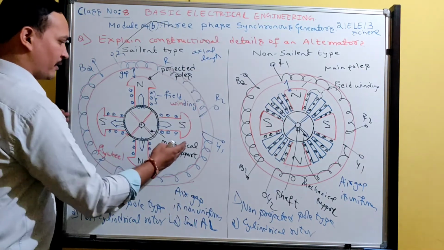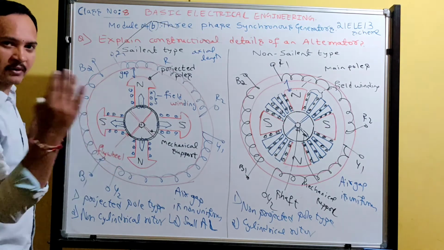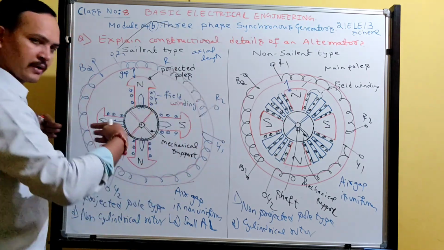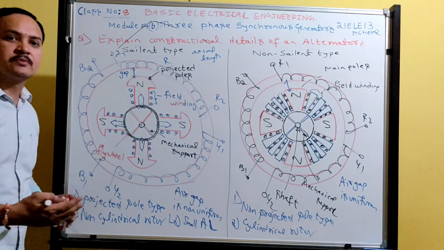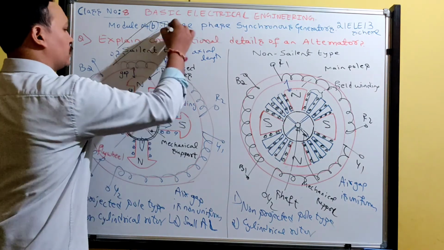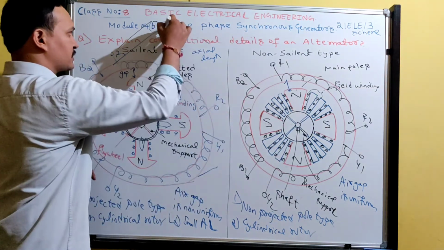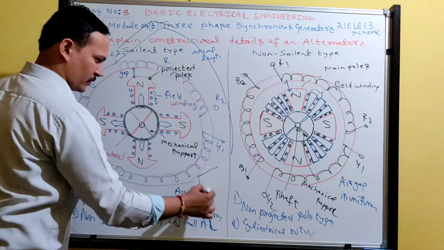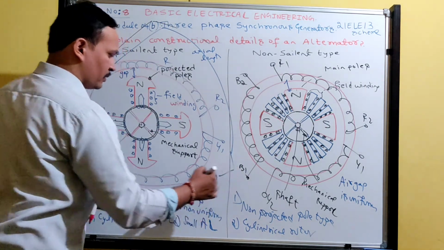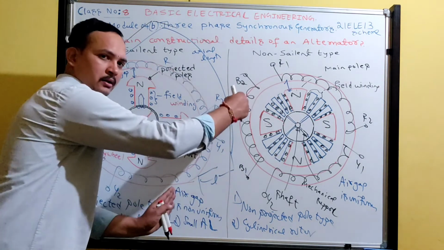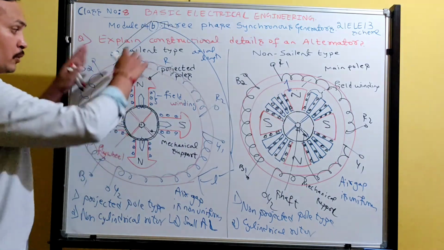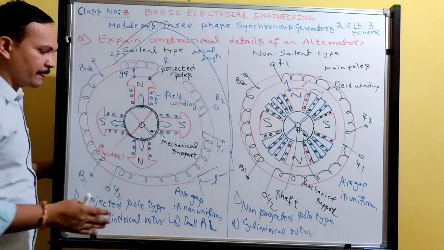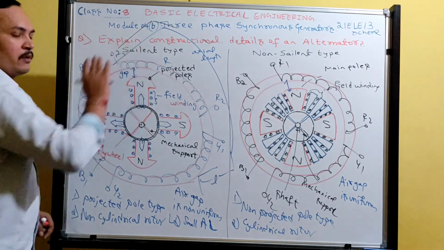This type of alternator looks very big in diameter from the front view, but the axial length is very small. What is axial length? This is called axial length. From the side view you can see the length of the alternator is very less, but the overall diameter is very big. That is a speciality of this type of alternator.